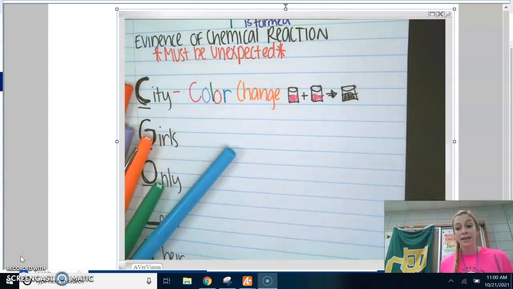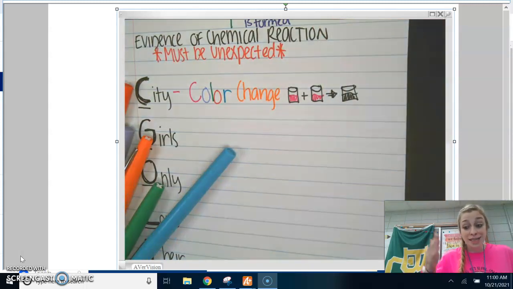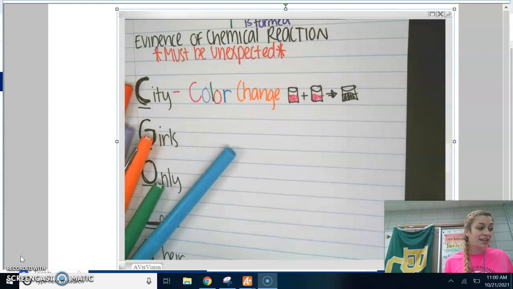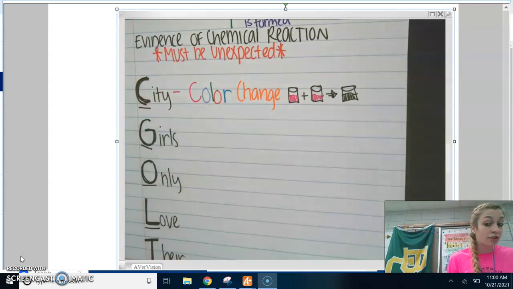That would be unexpected. When you mix a pink liquid with a pink liquid, you think you're going to get a pink liquid. So if you get a black liquid, that's unexpected. That's an example of color change. Putting red Kool-Aid powder into water and it turning red is expected. That does not count. There's nothing new made. That is not a chemical reaction.